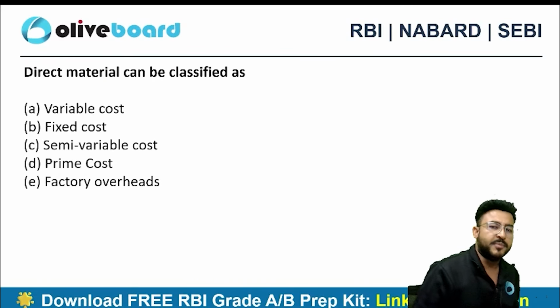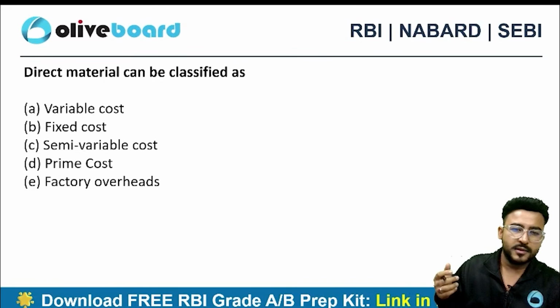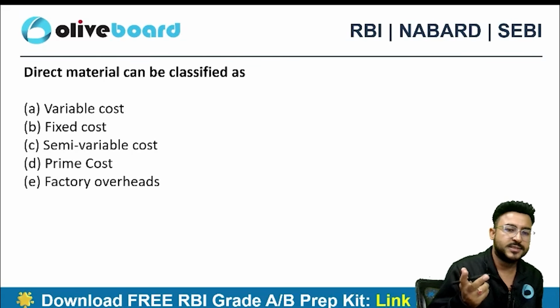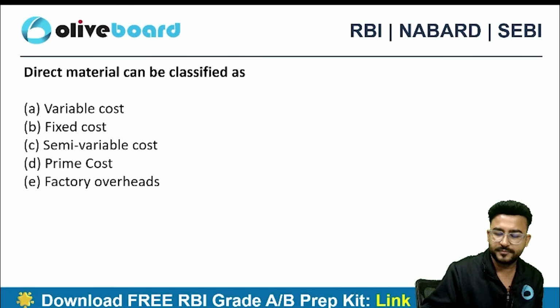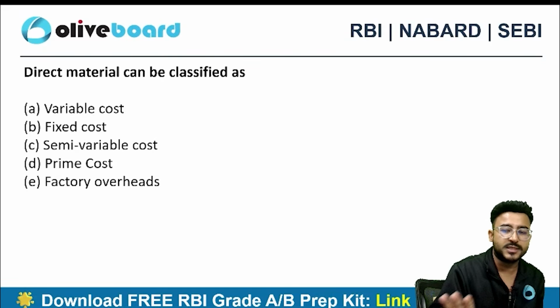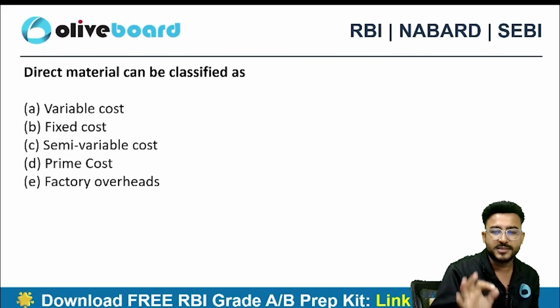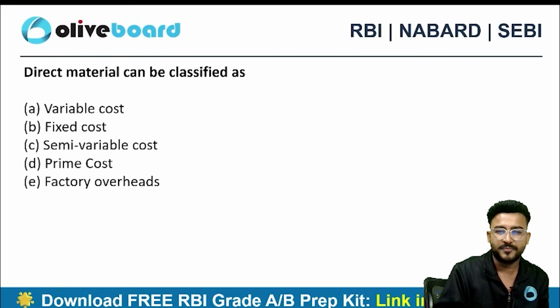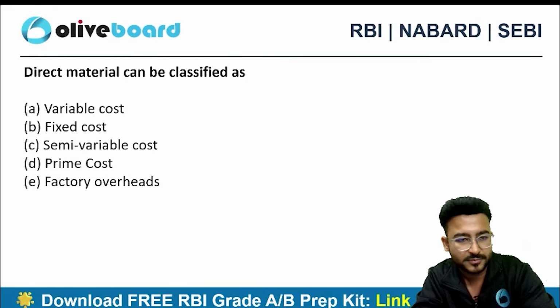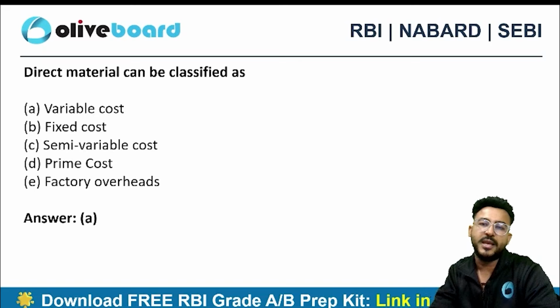Direct material can be classified as what? Variable, fixed, semi-variable, prime cost, factory overheads. Now you can get confused in this question, but this is one of the most direct questions. If I talk about direct material, usually it is variable in nature.